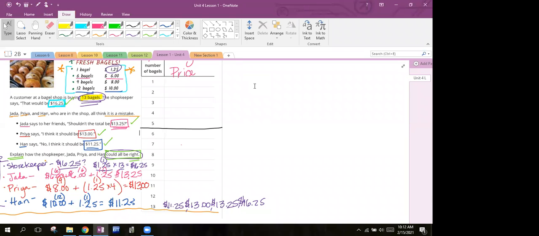Okay, let's look at it. So, what did you all get as the price of one bagel? $1.25. Okay, most of y'all probably got that same thing. So if one bagel costs $1.25, how much are two bagels going to cost? $3.